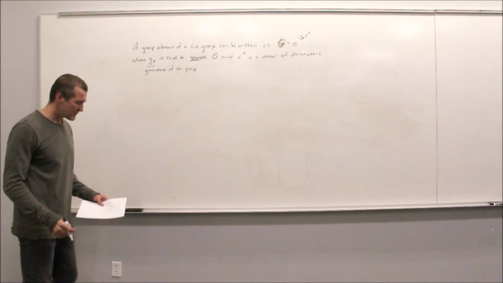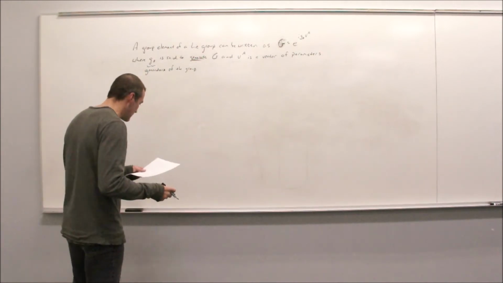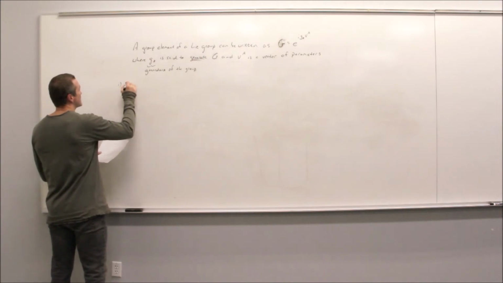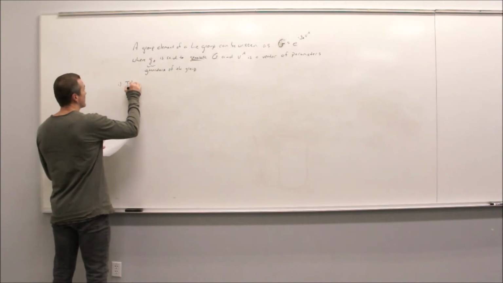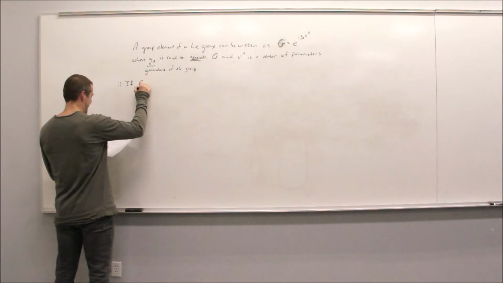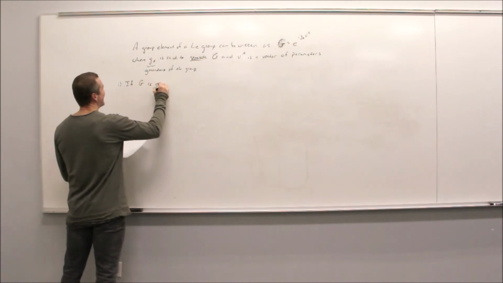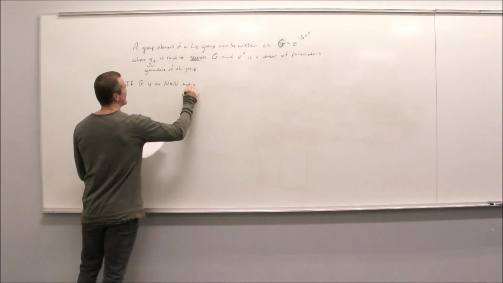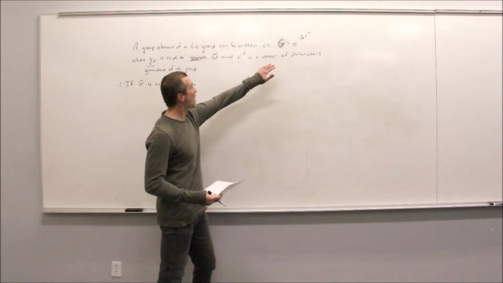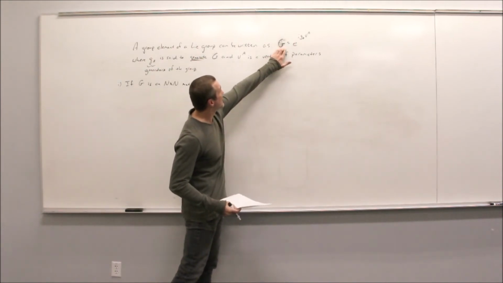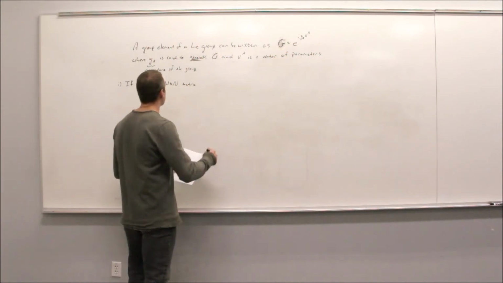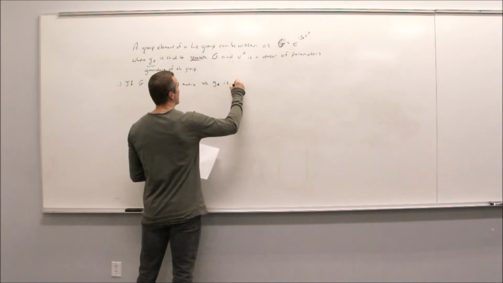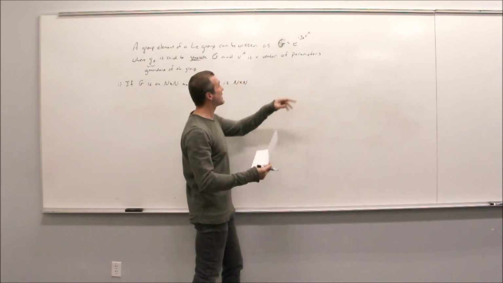Okay? So a couple of important notes. If g is an n by n matrix, okay, so if you want to represent your element of the group by an n by n matrix, then you have to use an n by n generator.